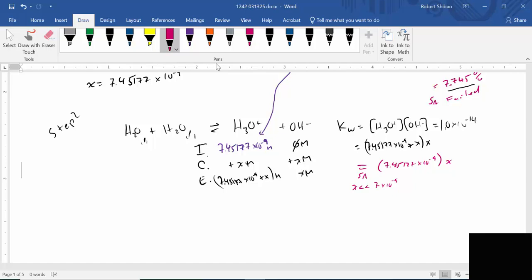It's 1 times 10 to the minus 14 divided by 7.45177 times 10 to the minus 9. And so this is going to give me an x of 1.34196 times 10 to the minus 6.